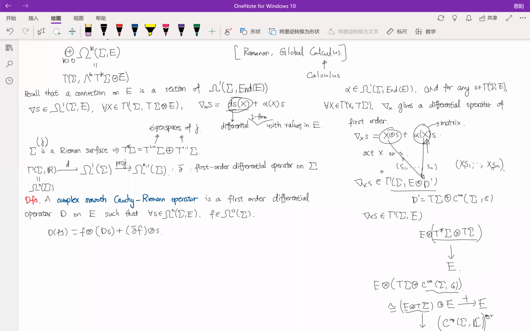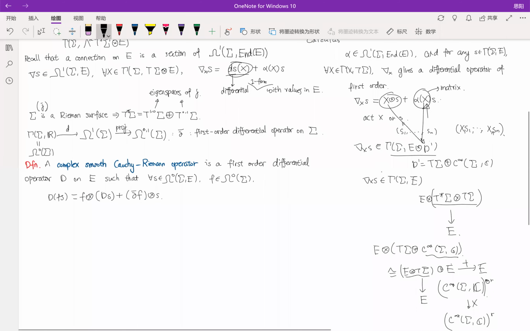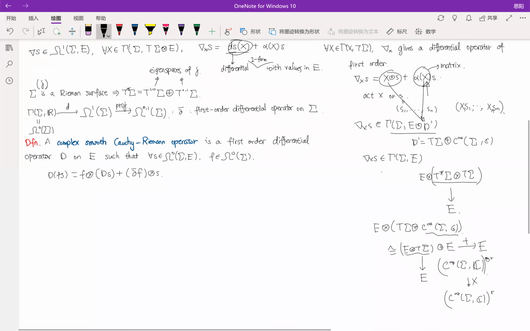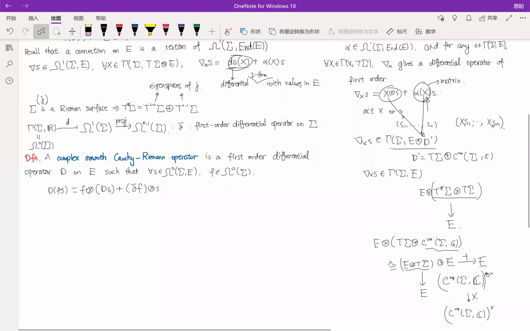In fact, it should not be a tensor because fS is again a section. So it is just multiplication by coefficient. So we know that it should be standard on the coefficient.